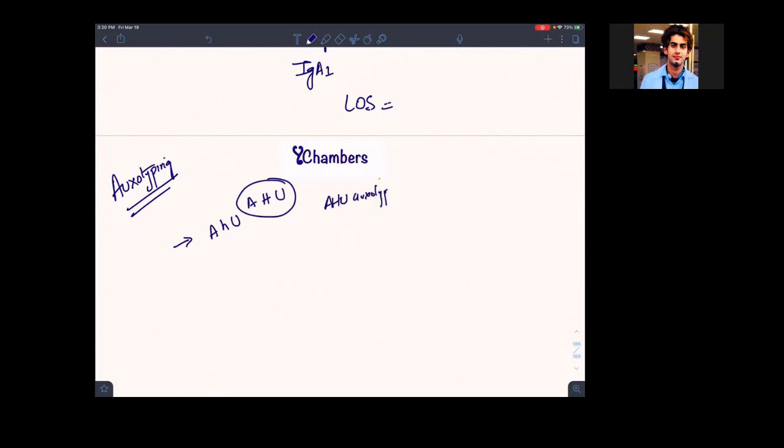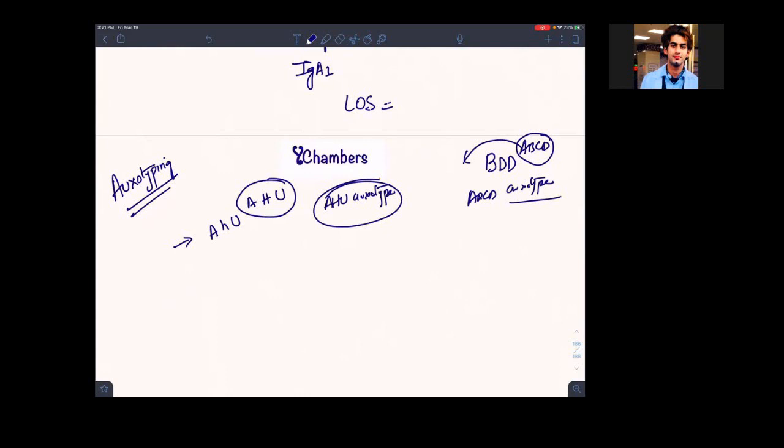Are we able to understand? If it was utilizing A, B, C, D, I could say it is an ABCD auxotype. So the nutritional requirements help me in classifying the typing of the gonococci. Yeah, I hope it is clear.